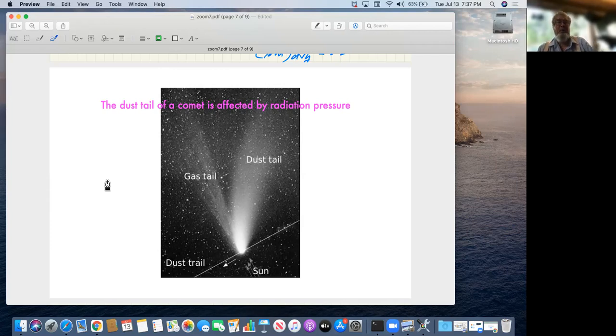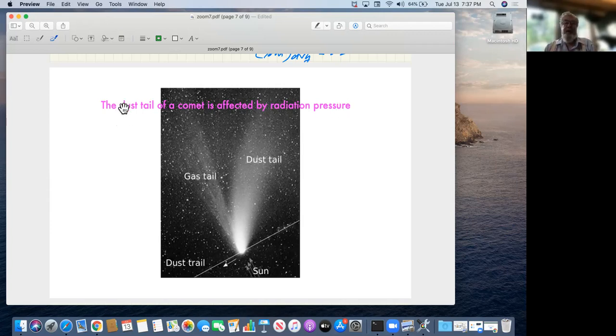So on each square inch of a surface, there's a force of 15 pounds. So atmospheric pressure is quite a strong pressure. But if you shined a flashlight on a square inch of some surface, the amount of pressure would be tiny. But on an astronomical scale, it can be important.